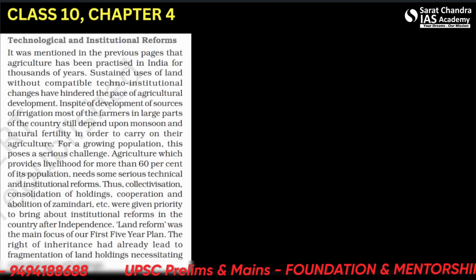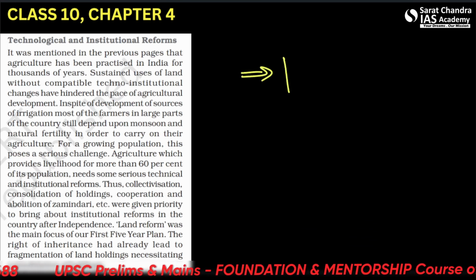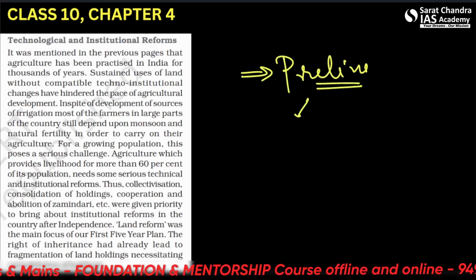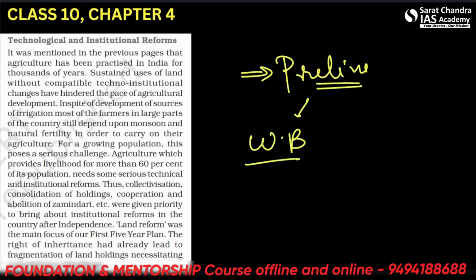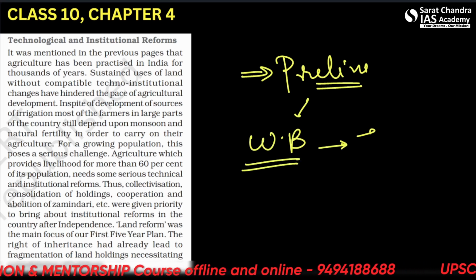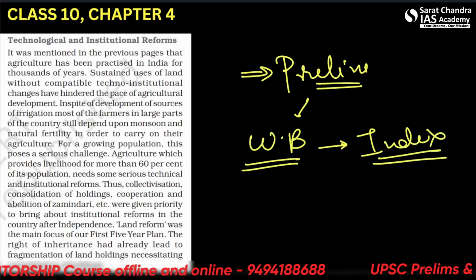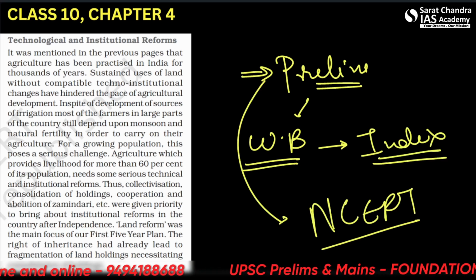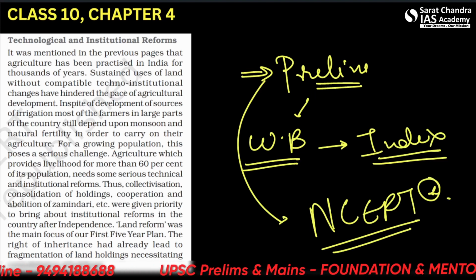Okay, one more thing: when you solve the question in prelims, don't go with the updated World Bank data or any other indexes. If the answer is readymade present in the NCERT, then rely on that.